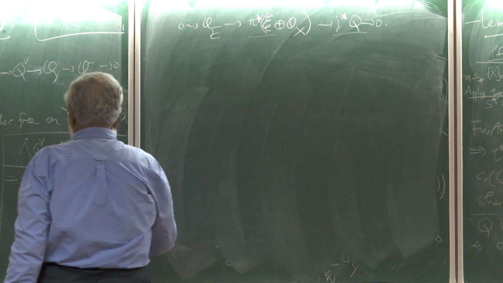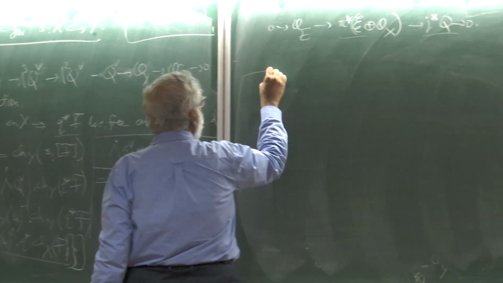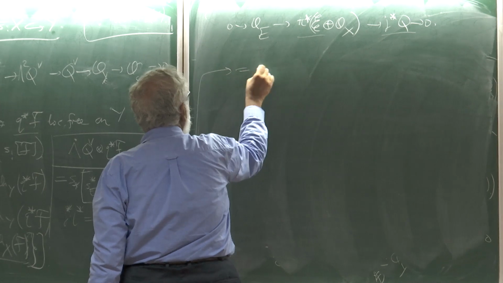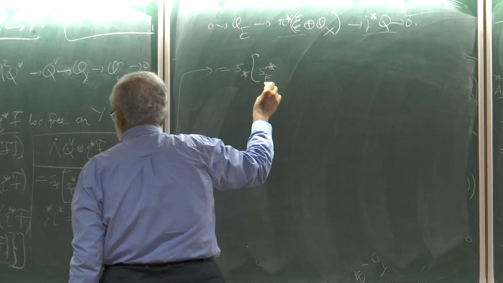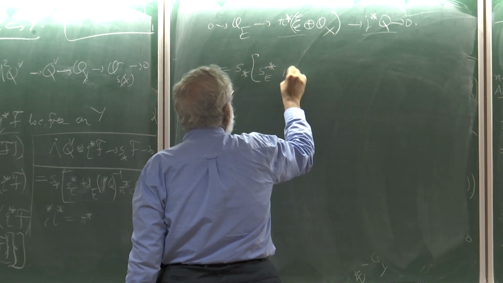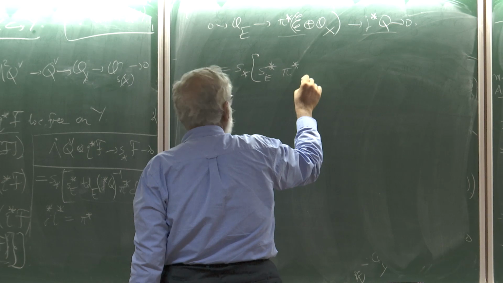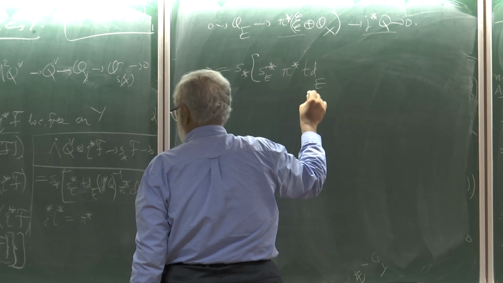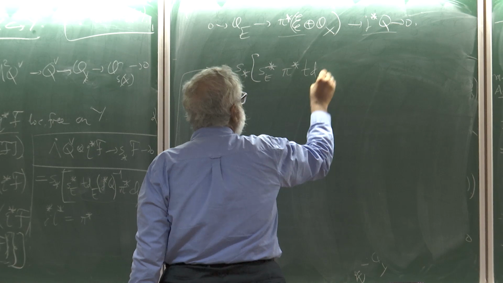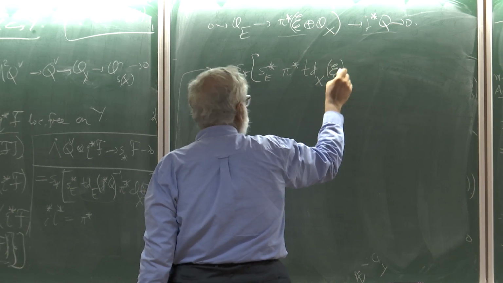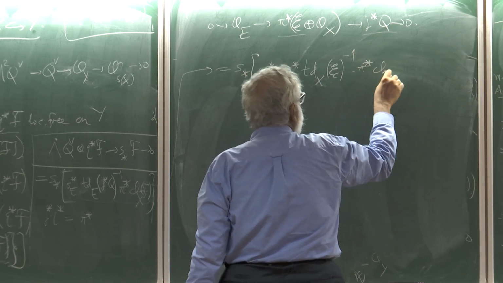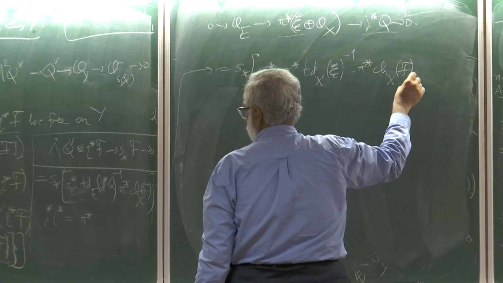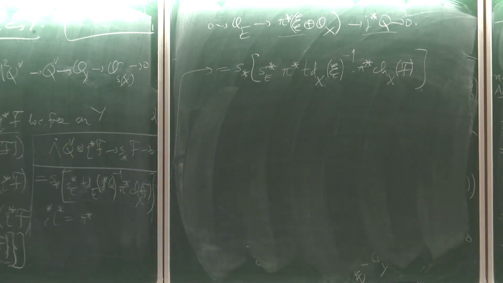So then what I've got from here, therefore, is equal to S lower star of S_E upper star of pi upper star of Todd X of E inverse pi upper star of ch X of F. So what I got is that this is equal to this.